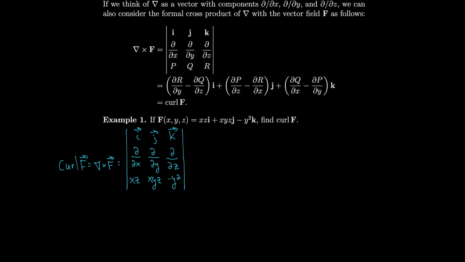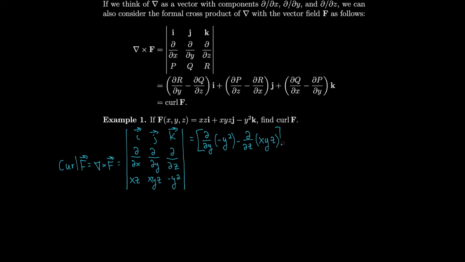So we take the determinant. For i, that's the determinant of this. We will take the partial with respect to y applied to minus y squared, so that's this guy. And then we'll subtract the partial with respect to z of xyz.